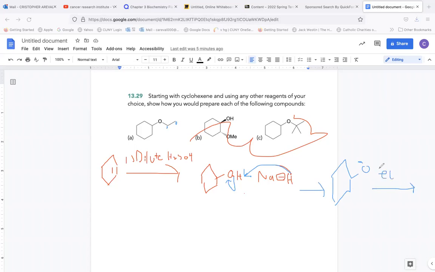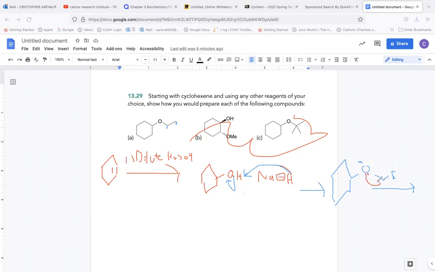ethyl. Actually, let me draw it out. So you see what happens. You got ethyl. You got I right here, right? I or Br, whatever. So then what happens, right? This alcohol, I mean, this oxygen right here is gonna do an SN2 attack.